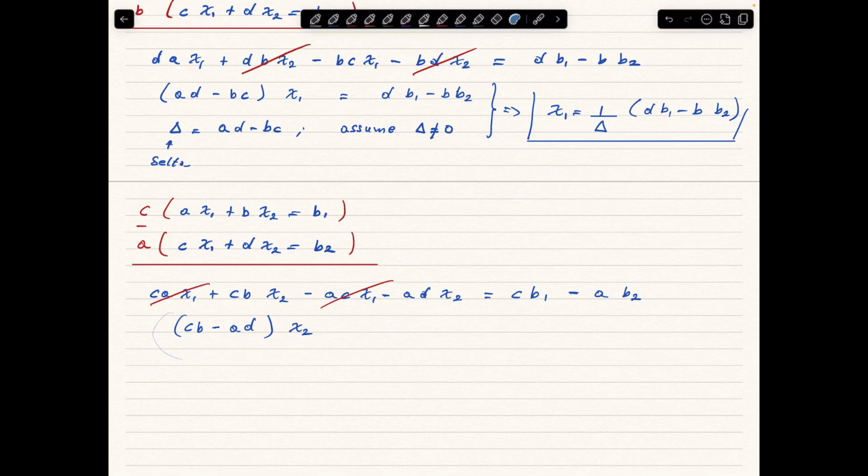Let's make a little bit of space here, and then on the other side we get the same thing as before, c b1 minus a b2. Okay, but what we have here is the opposite of what we had over there. So this is minus delta.